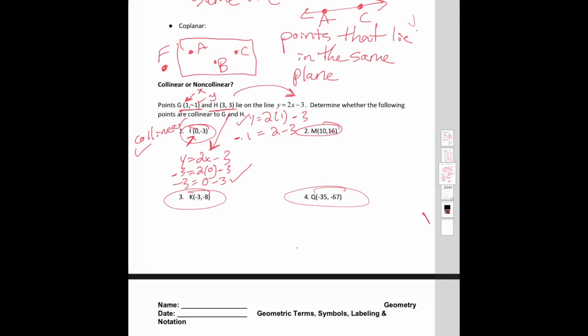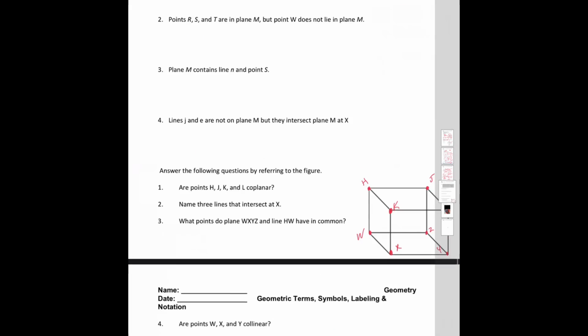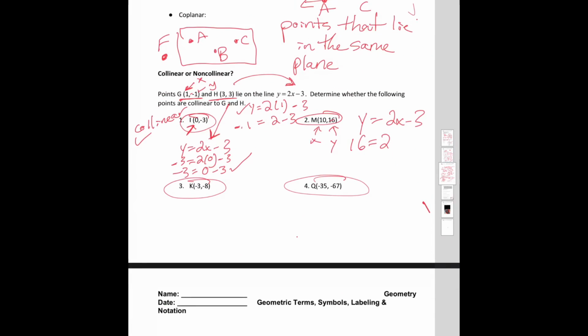So now let's show an example that doesn't work, that's not collinear. Say I have point M with 10, 16. Once again, I'm plugging into that equation of the line to see if it works. My x value is 10, and my y value is 16. So 2 times 10 minus 3 should equal 16 to be collinear.